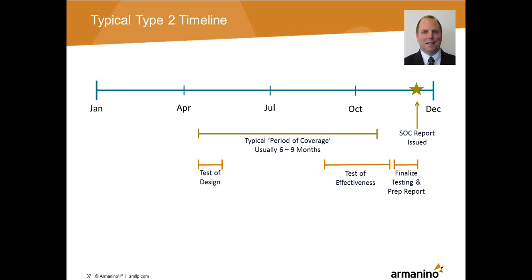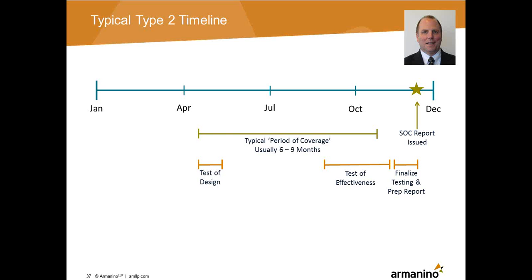But the service auditor, the CPA firm creating the SOC report, they'll usually come in at the beginning of this 6-month period or 9-month period. They'll do the test of design portion. If it's a Type 1, they stop there. Most of them are doing a Type 2, and so they'll come back towards the end of the period. That's where the bar says test of effectiveness. And they'll complete their testing for the period of coverage, and then they'll finalize and get the report ready.